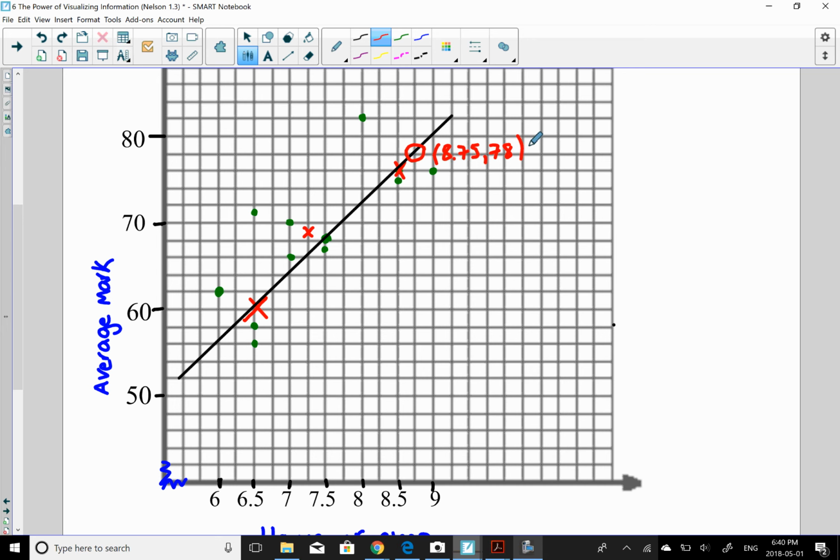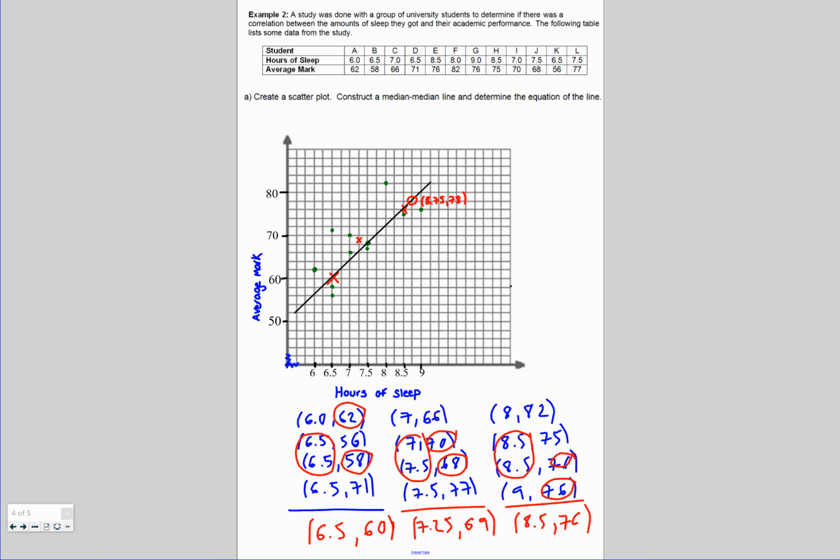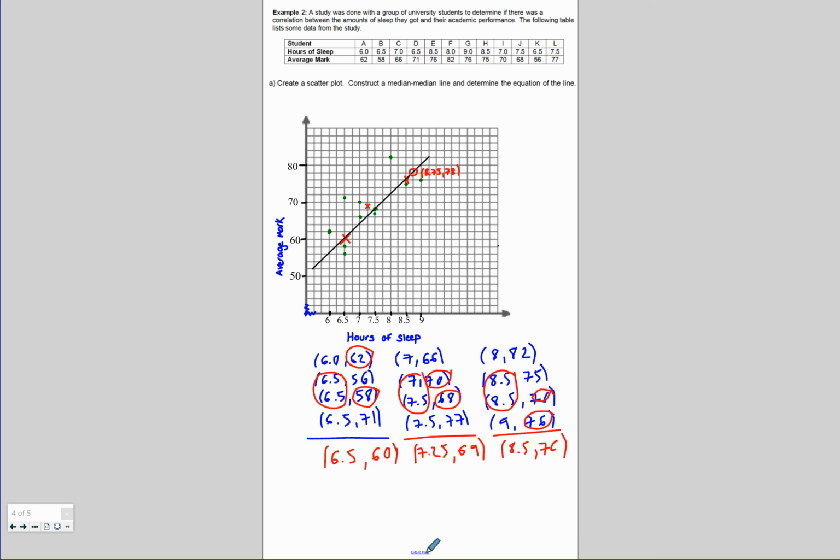So remember, our slope calculation will always be the same. m comes from our slope, the first and the last point. m equals y2 minus y1 over x2 minus x1.